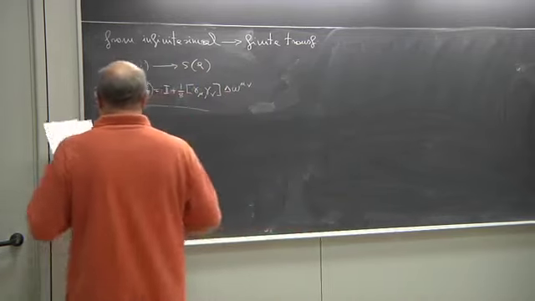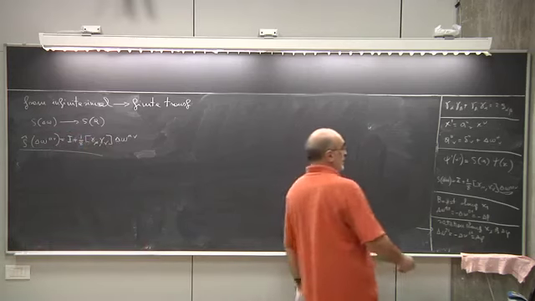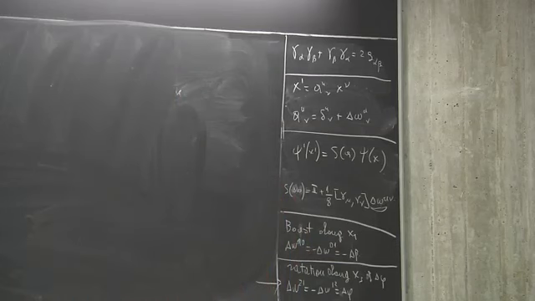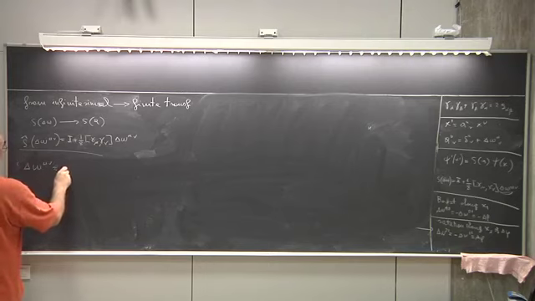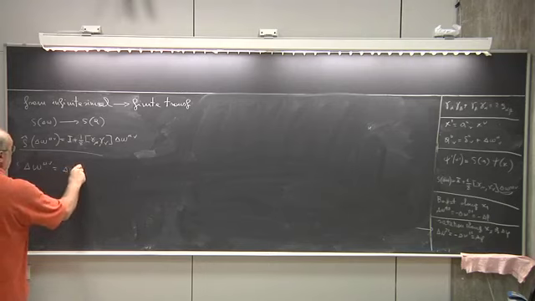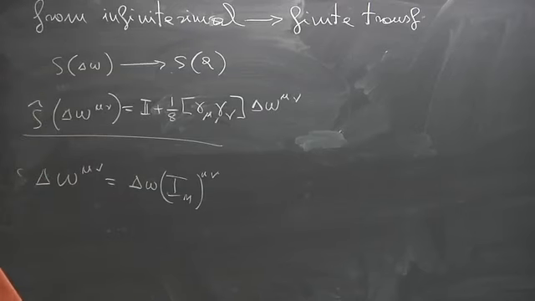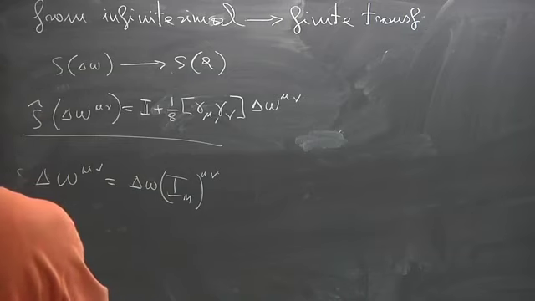Now let's do it for the rotation. For the rotation, you remember, what is the crucial ingredient here? It is to get this delta omega mu nu, the infinitesimal one, which we wrote as delta omega times some matrix I_N mu nu. For example, let's write the rotation.